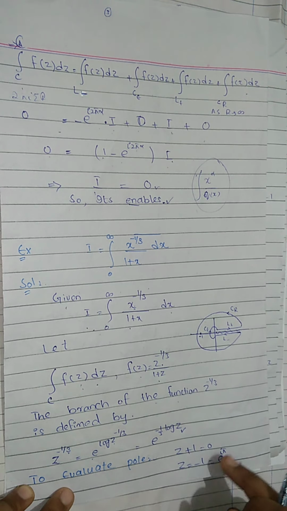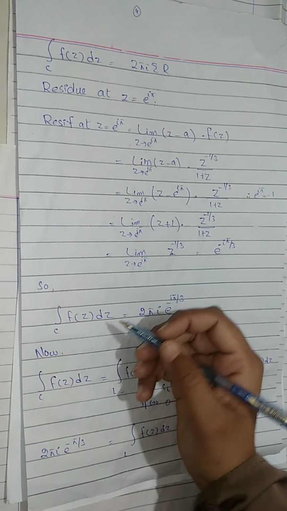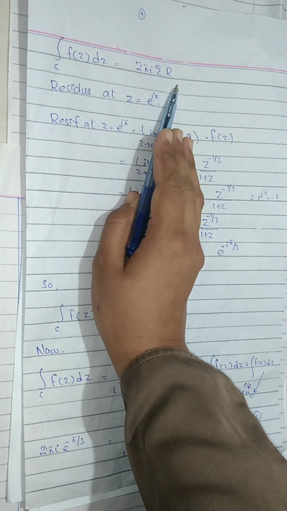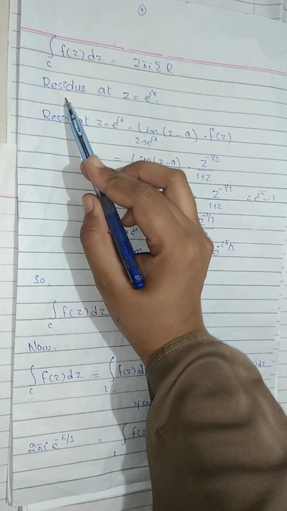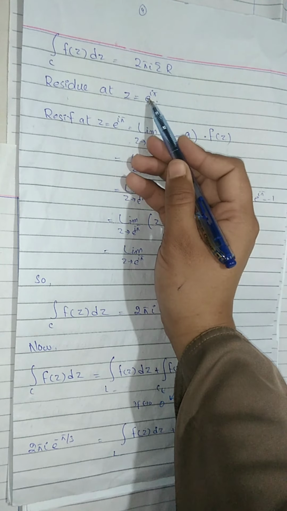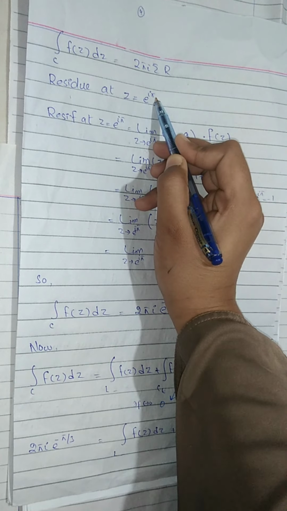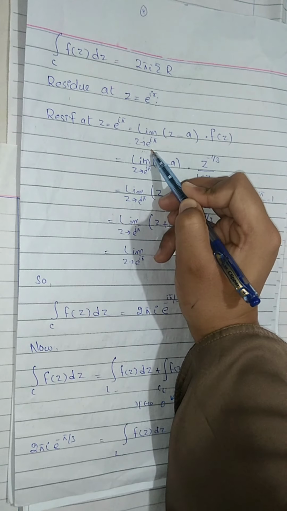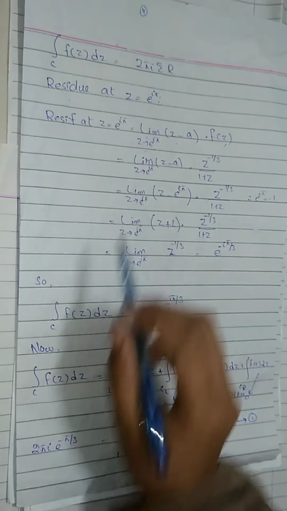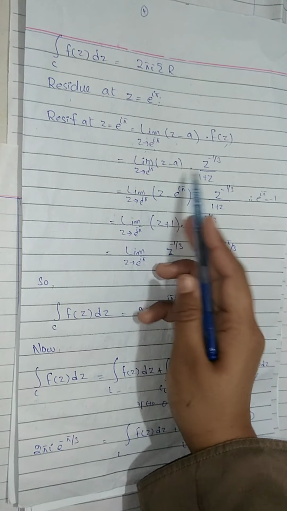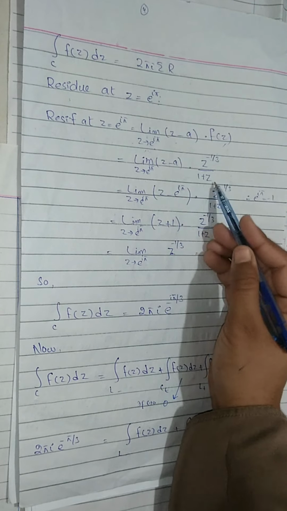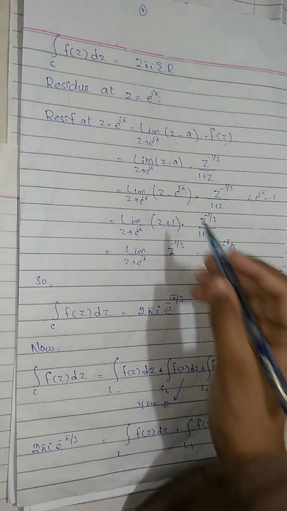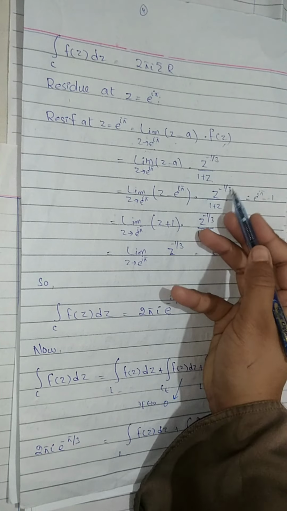The branch of the function z raised to minus 1 by 3 is defined as e raised to power minus 1 by 3 log z, because log and exponential are inverses of each other. So this branch cut is used here. To evaluate the pole, we put the denominator equal to 0: z plus 1 is equal to 0, so z is equal to minus 1, which we can write as e raised to power i pi.